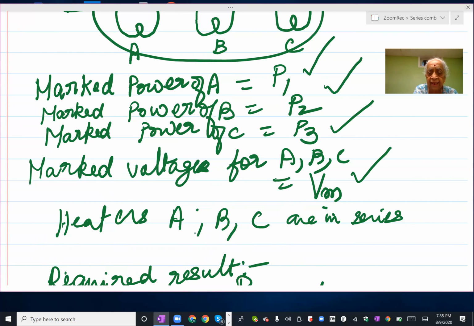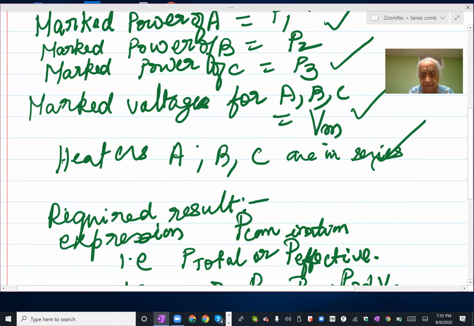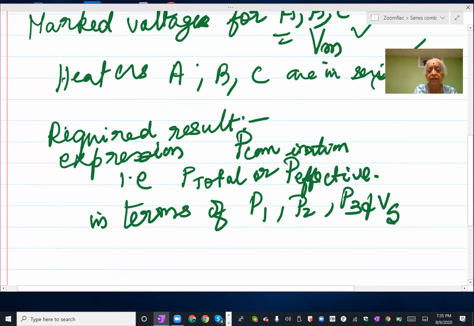Now heaters A, B, and C are in series. What is the required result that we want will be power of the combination, or in other words, the total power or the effective power, here in terms of P1, P2, P3 and Vs. If Vs is going to be different from Vm, for the time being, we can take it as Vs itself and then equate Vs to Vm.